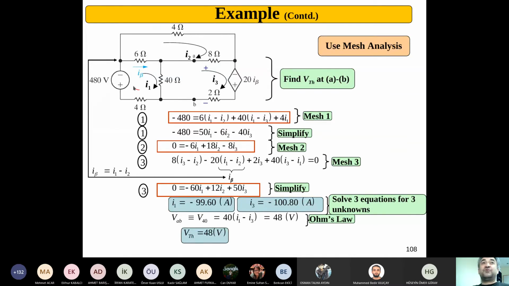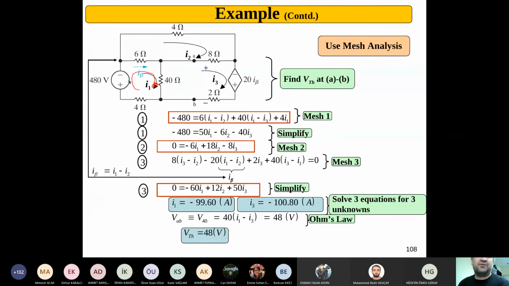Let's, for the first mesh, write the mesh equation. We'll start from one node and write the voltages inside that mesh.